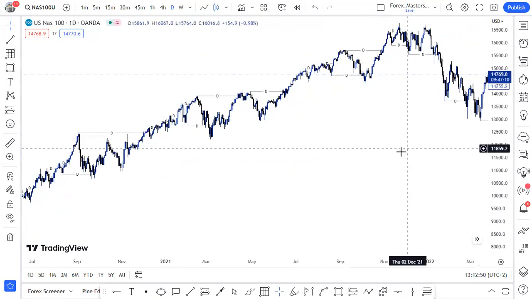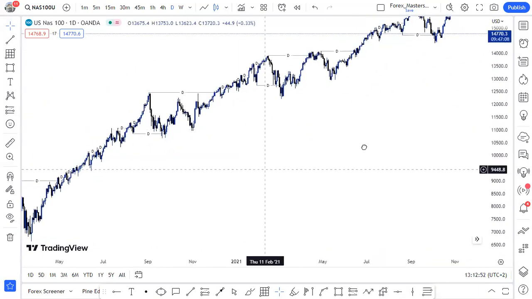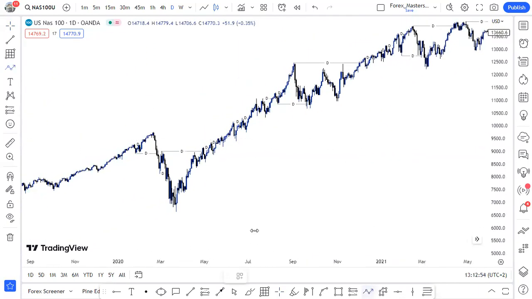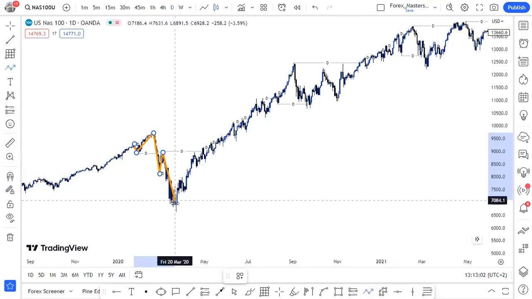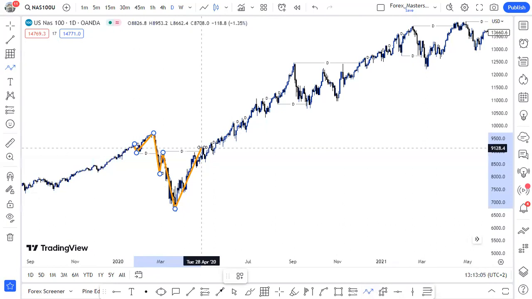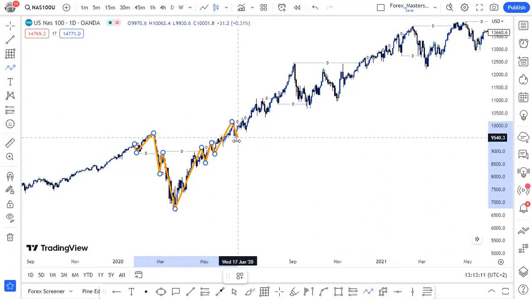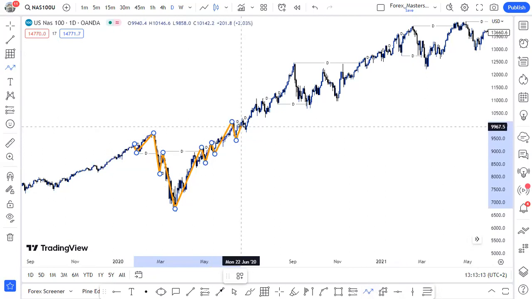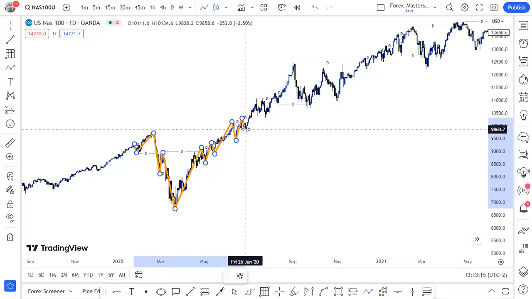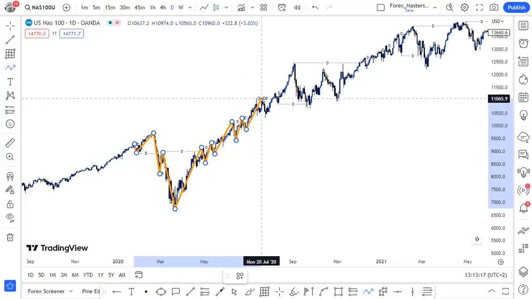If we follow what we had been learning in our theory, this is the exact thing that we've been looking at, and we just decided to apply it on a real chart. So you can see this is how structure works, and this is how structure develops.